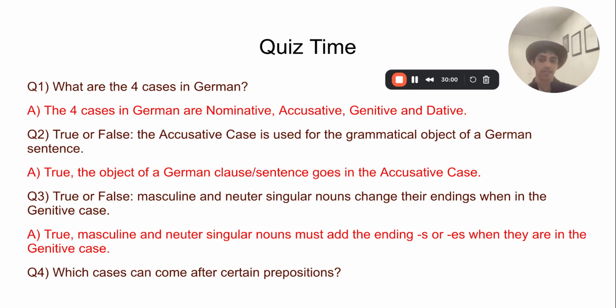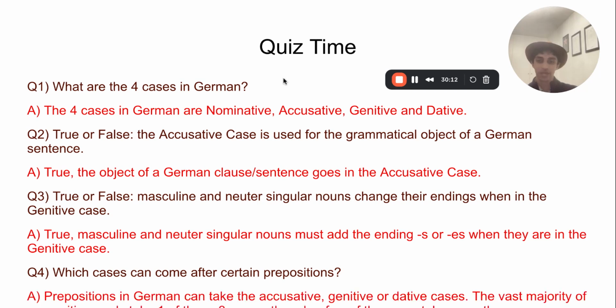And lastly, number 4, which cases can come after certain prepositions? Which cases could you find after prepositions in German? Okay, let me show you the answer. This one is the accusative, genitive, or dative cases. Largely, though, the accusative and dative cases, especially at GCSE level. The vast majority of prepositions will only take one of these 3 cases.